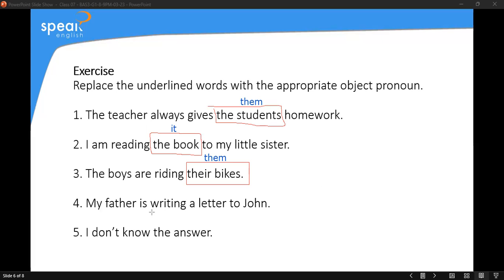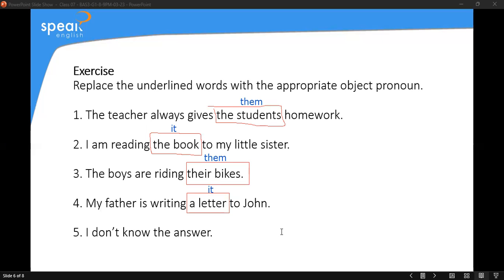Again, the verb is writing. So what is the word that comes after writing? A letter. Excellent. So this is my object. What is he writing? A letter. Now that I have identified the object, how can I change it? What is the object pronoun? It. Excellent. So I can say my father is writing a letter or my father is writing it.